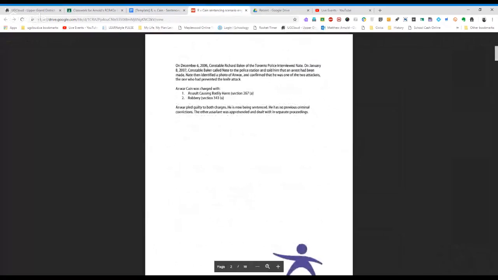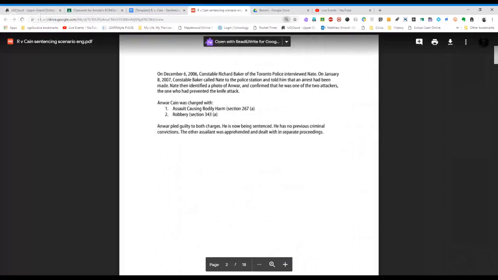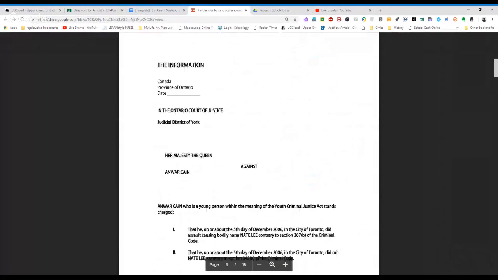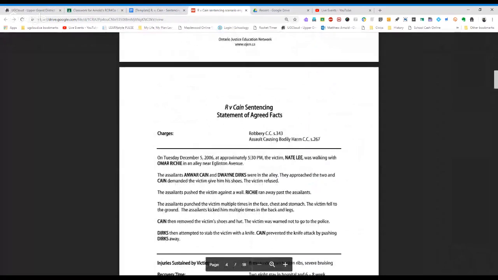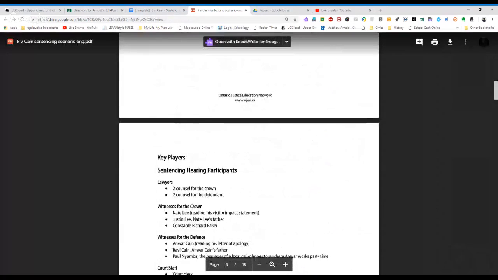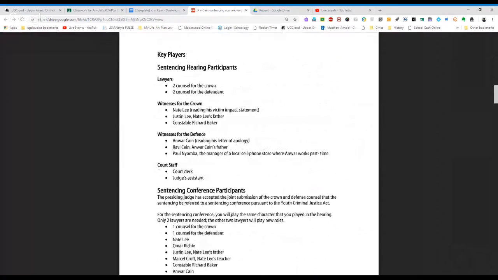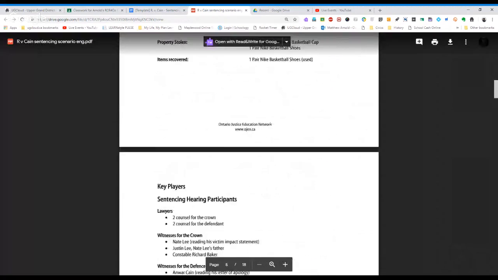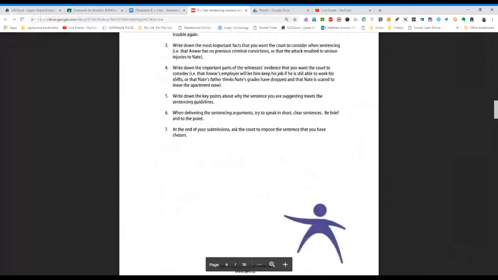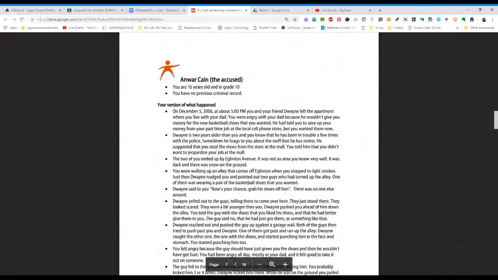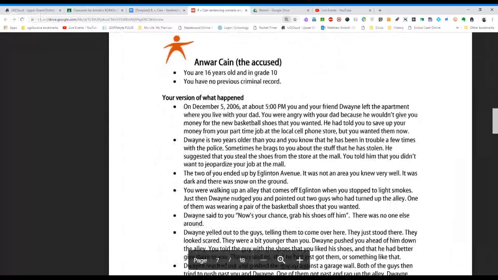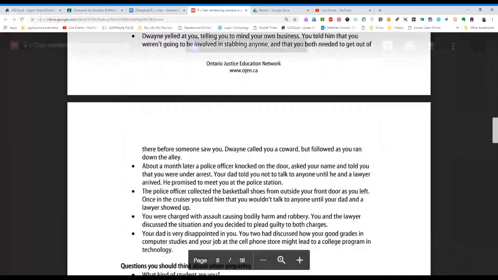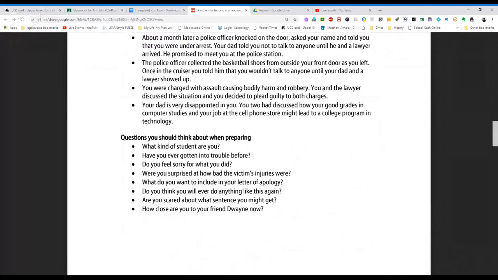You will also have to read one of the scenarios below, the statement of agreed facts, and one of the roles that Mr. Arnold or me will give to you. There are also a number of questions under each of the statements that you are going to have to answer on your coursework, and those are right here. There's one for each person involved in the case.